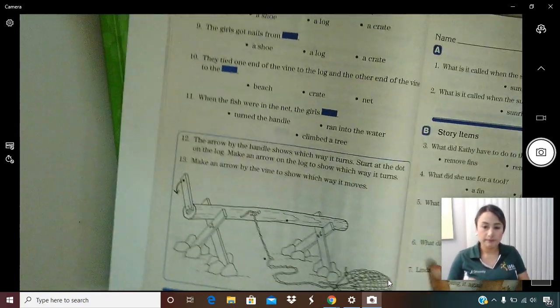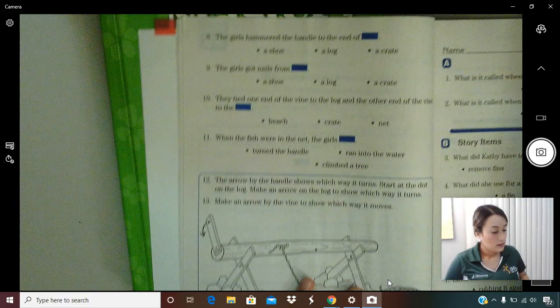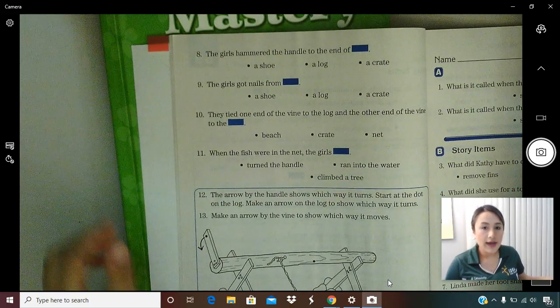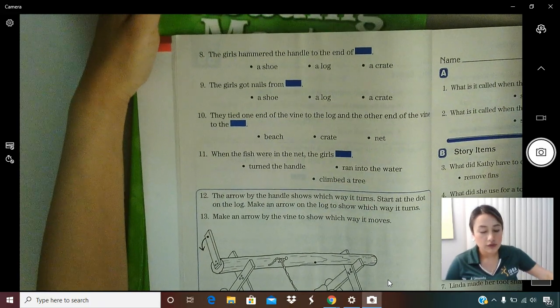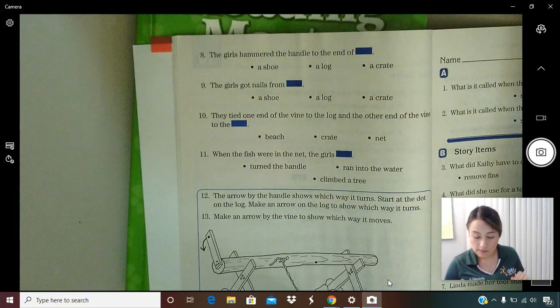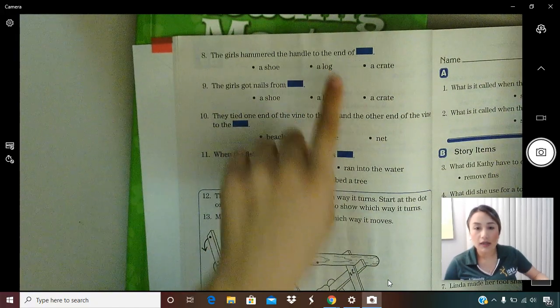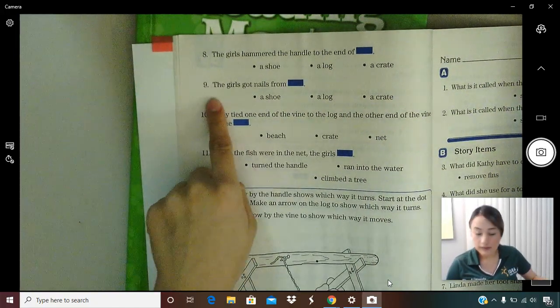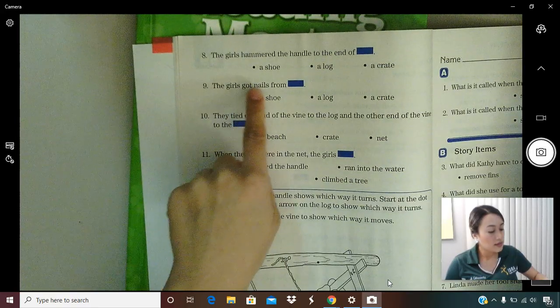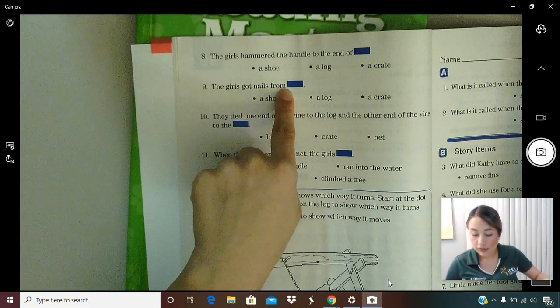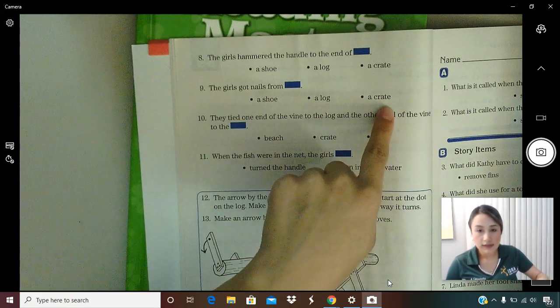It reads, the girls hammered the handle to the end of? Your answer is a log. Number 9. The girls got nails from? Your answer is a crate.